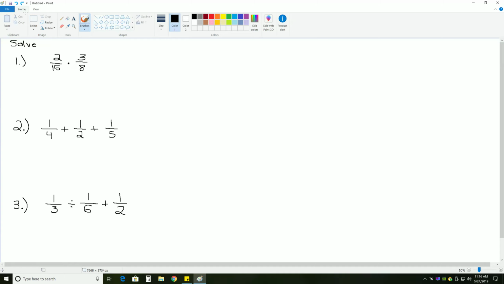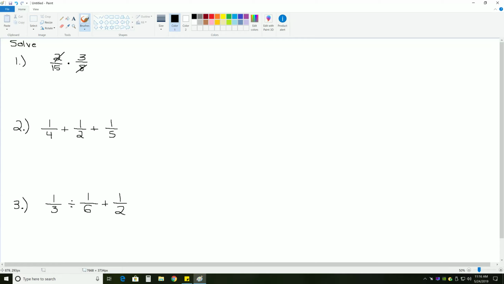And there is. Each of them has a multiple of 2, meaning each of them is divisible by 2. So we're going to divide each of these numbers by 2, and it keeps the problem exactly the same as it was before. It's just a little bit more simplified.